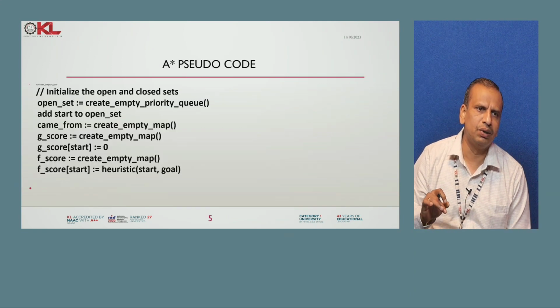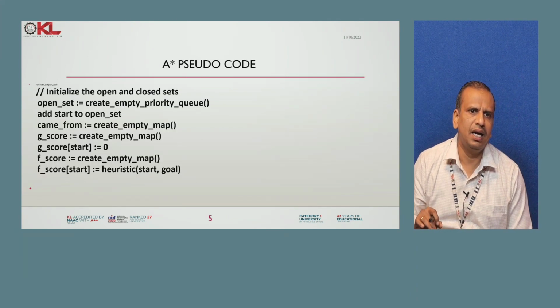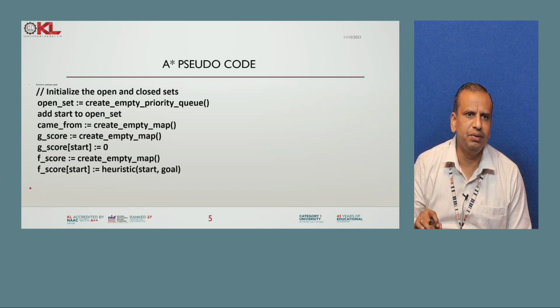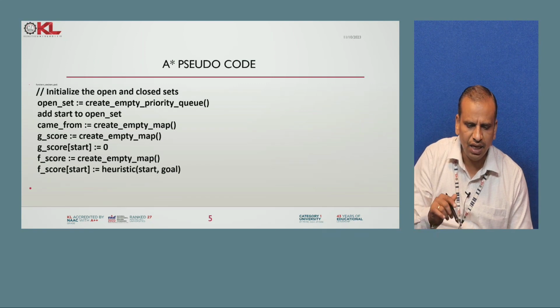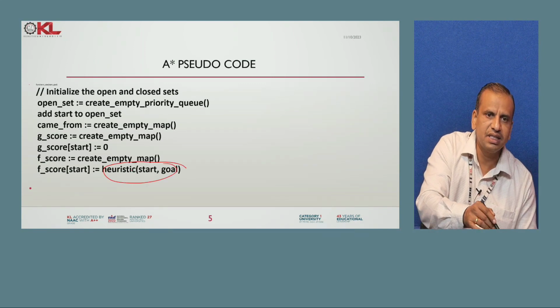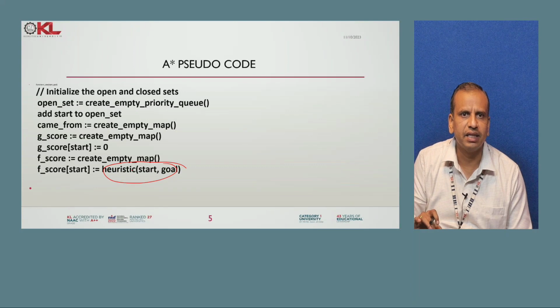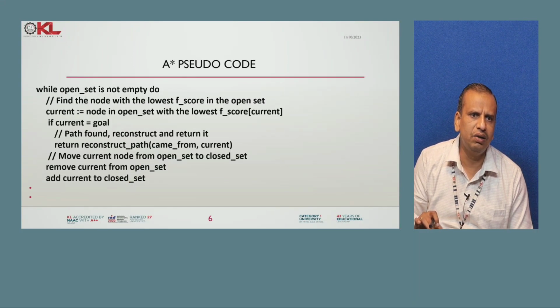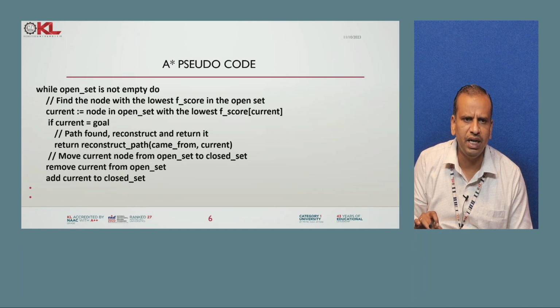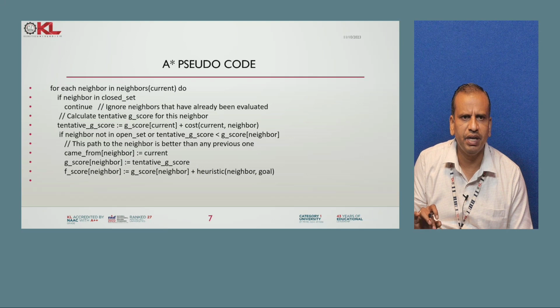And here is the pseudocode. Create an empty priority queue, the g score and f score, and define the heuristic function and so on. See here the heuristic function; this will be highlighted. There is a while loop: if the current node is the goal node, stop. If not, remove the best node and so on, and we can travel.